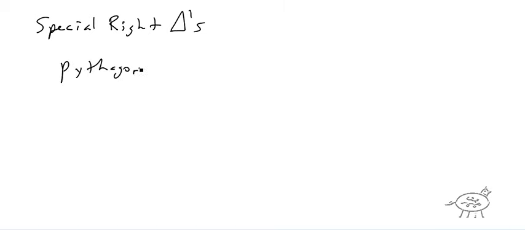All right, so let's talk about special, very special, right triangles. You guys remember how some of the special right triangles are called Pythagorean triples. And we know a couple of them. I'll just list a few of them. 3, 4, 5, and there's 5, 12, 13.